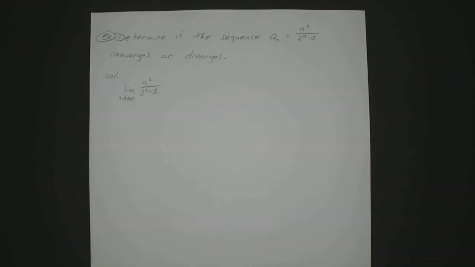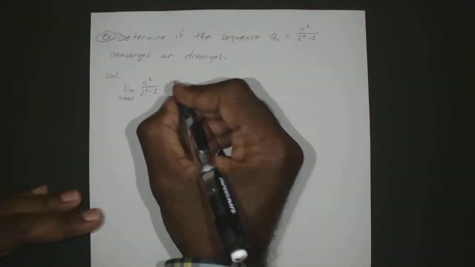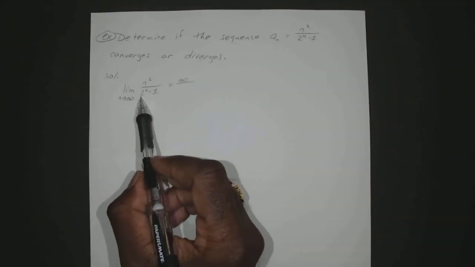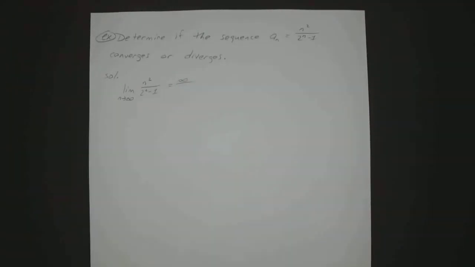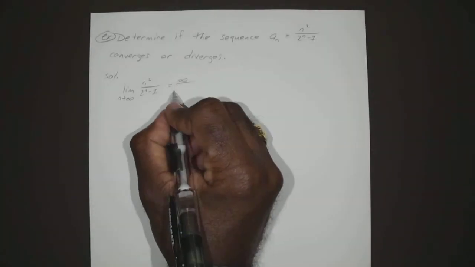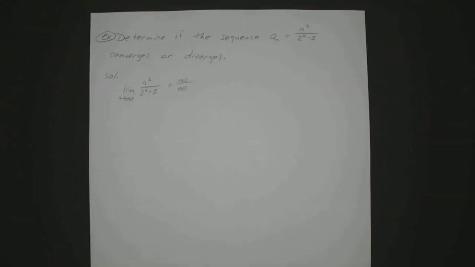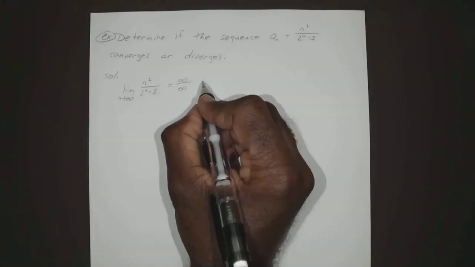So as it gets bigger, your n squared will just get bigger. And 2 to the power of infinity would just keep getting bigger as your infinity gets bigger. So you actually have infinity over infinity, which means you can use L'Hopital's rule because this is your indeterminate form.